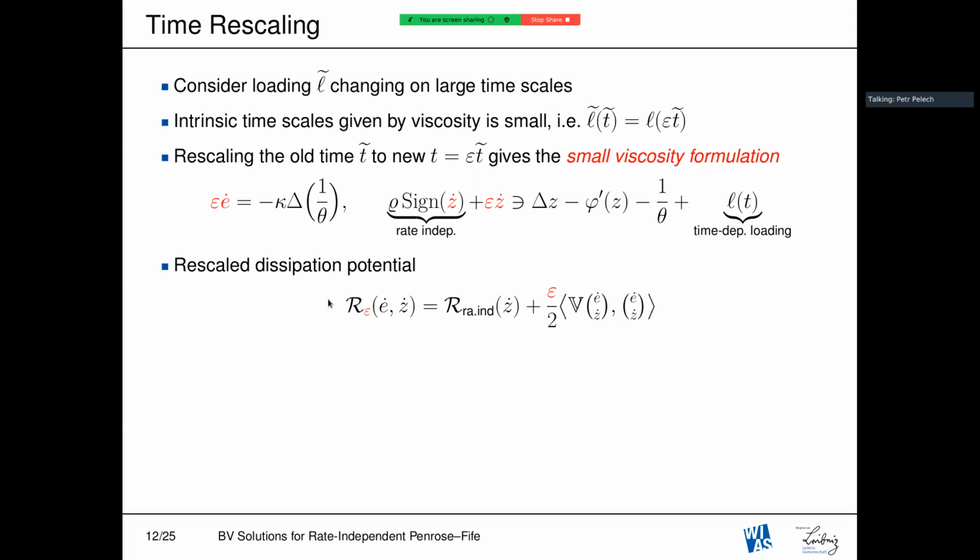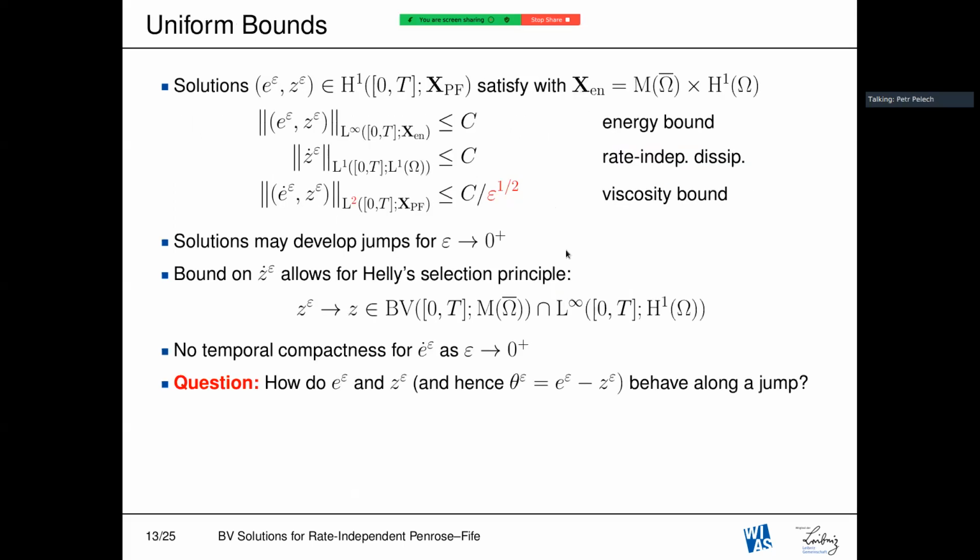So this is our scaled dissipation potential, and using the standard bounds, we see that independent of epsilon, we have bounded energy for almost every time.